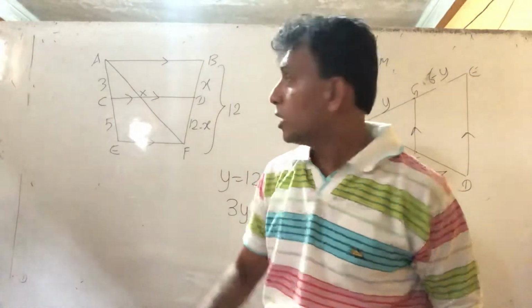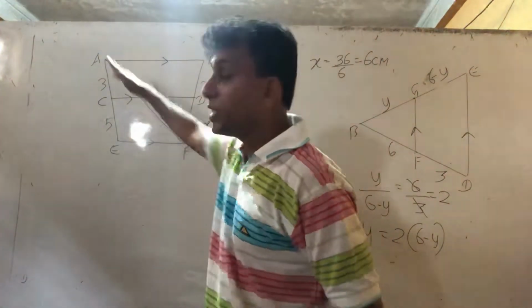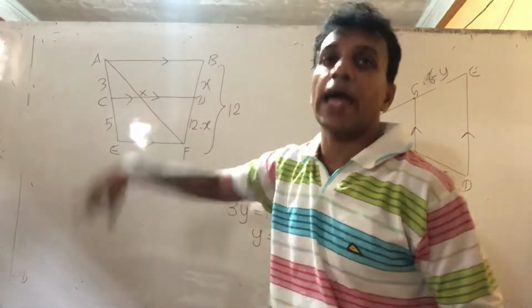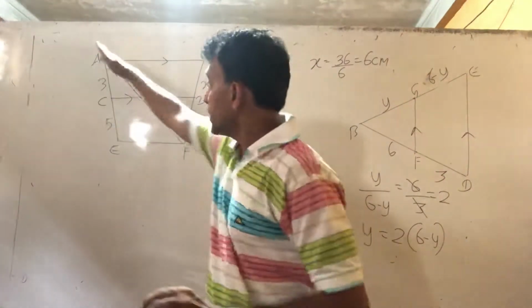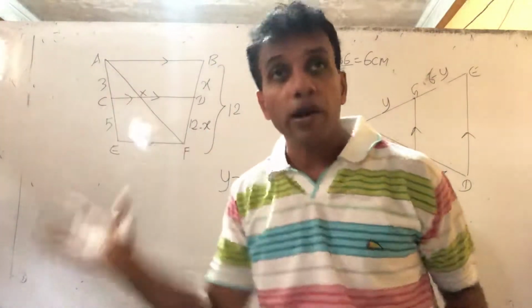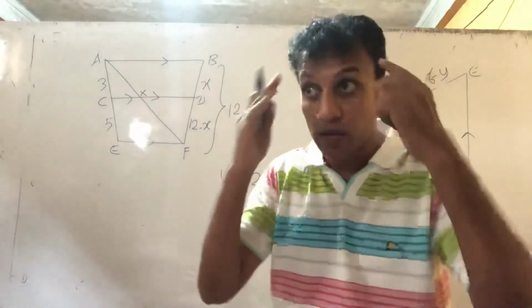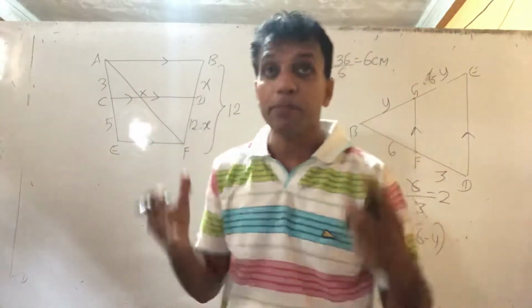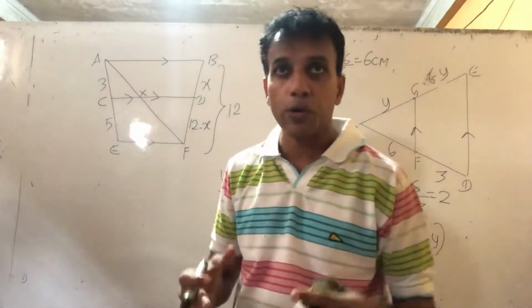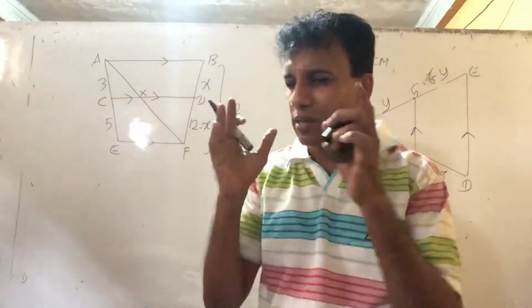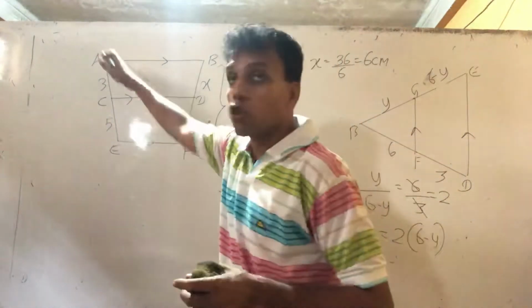No matter, because this side, or this arm, is common for both triangles. Take a note of that one. Otherwise you will feel it is a terrible, very difficult problem, a huge difference from all the previous ones. No matter, if you think simply, the idea is this is a common side.